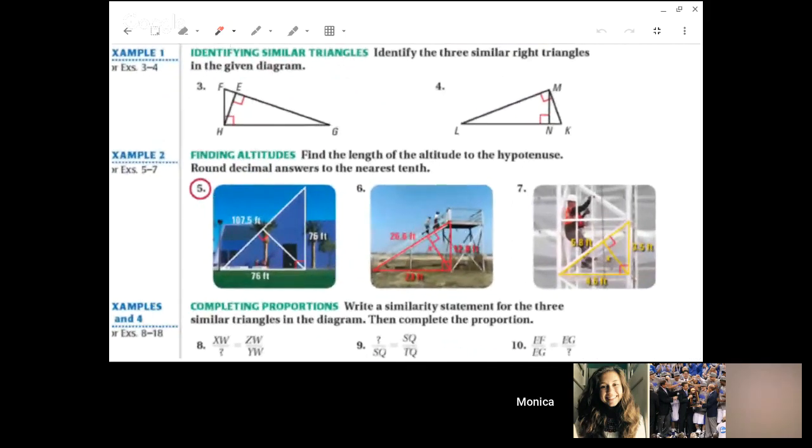Probably what's confusing you there is 26.6 is the length of this hypotenuse of the big triangle. Okay, it's the length of that whole side. Does that help? And then the same thing for number 7. 5.8 is the length of that whole hypotenuse of the big triangle.